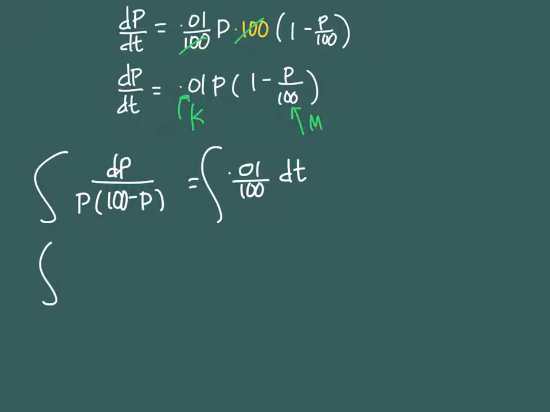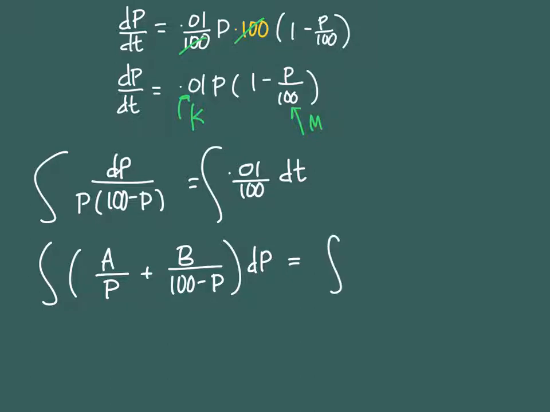So our integration is going to be A over P plus B over 100 minus P, all dP, and that's going to be equal to the integration of 0.01 over 100 dt. So we'll need our partial fractions.